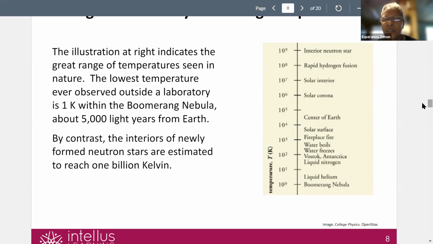So compared to some other temperatures, the surface of the sun is pretty cool. We think of our sun as being extremely hot, but its surface temperature compared to some of these listed on the diagram here is really low.